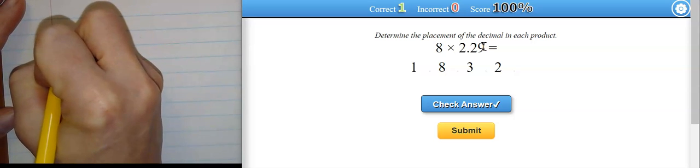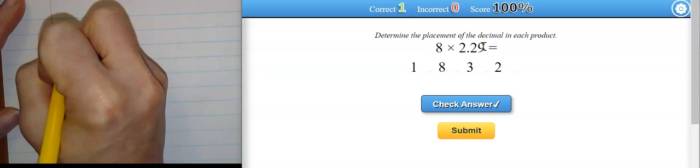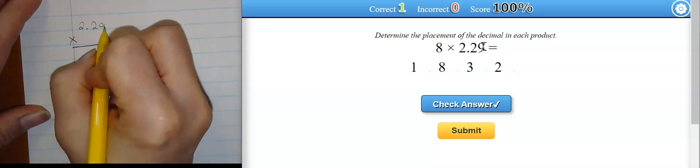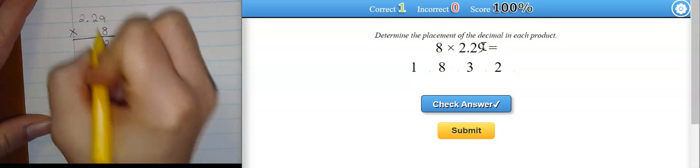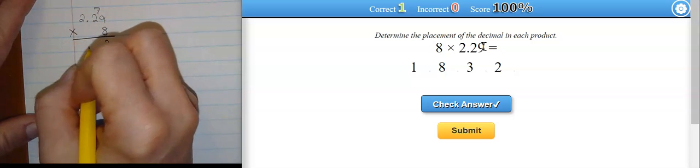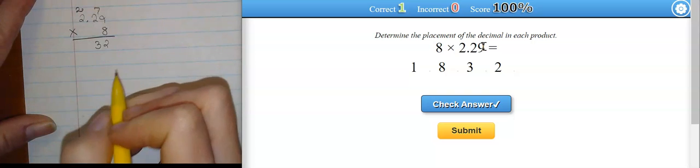Even though 8 is first, I would need to put 2 and 29 hundredths on top times 8 on the bottom, right like that. Then I say 9 times 8 is 72, carry the 7. 2 times 8 is 16, plus 7 is 23.